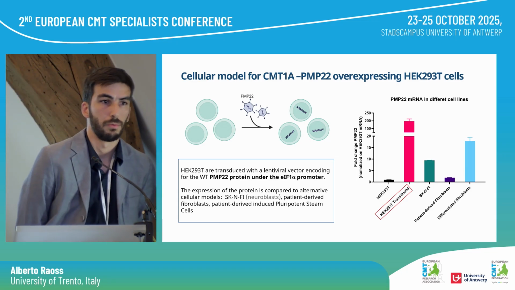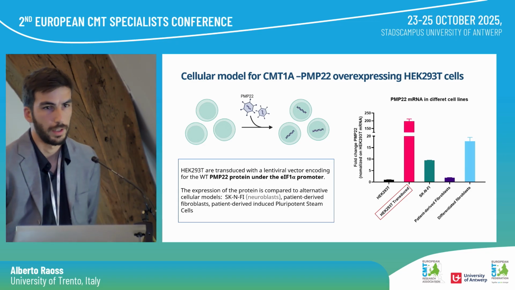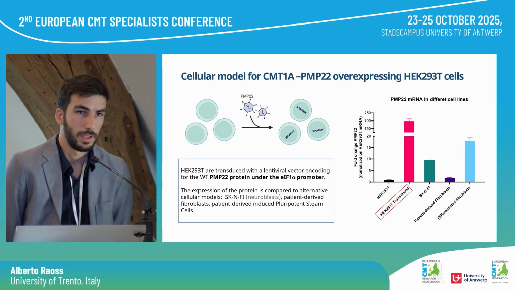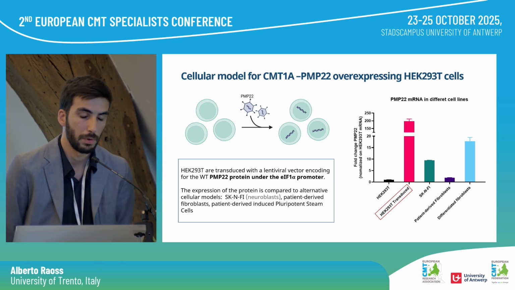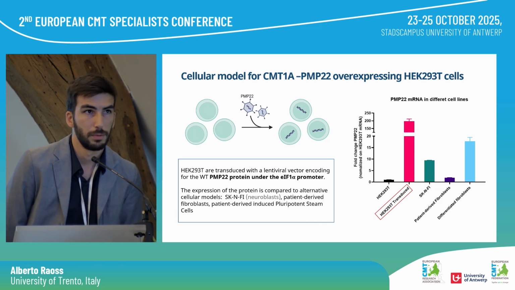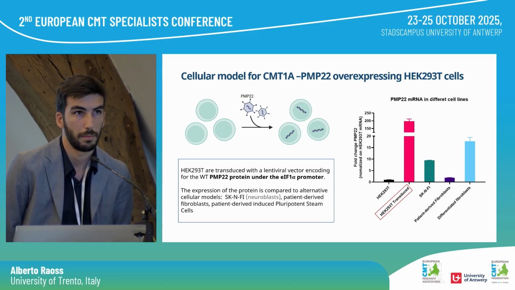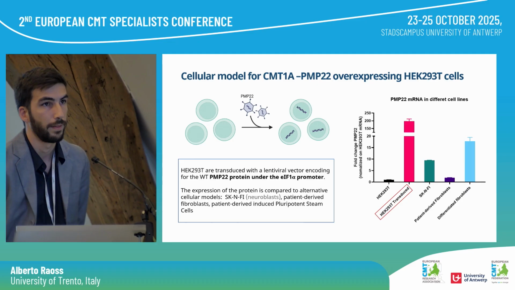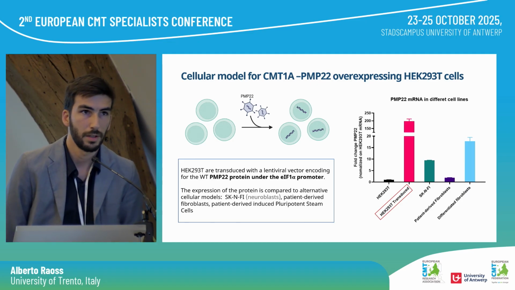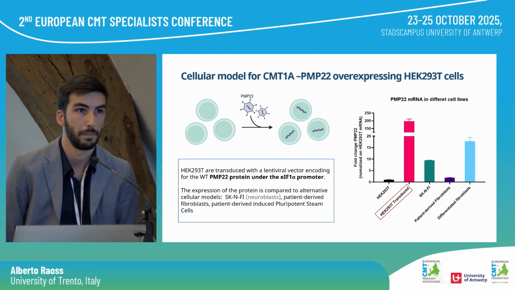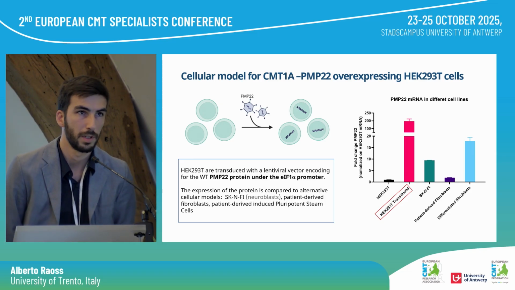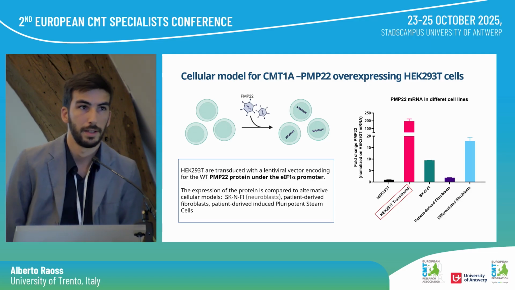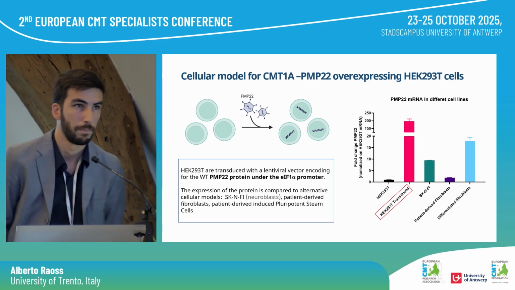Okay, next we wanted to validate our findings. So we generated a cellular model by transducing again HEK293T cells with a lentiviral vector encoding the wild-type PMP22 under a quite strong promoter, which is the EF1 alpha promoter.